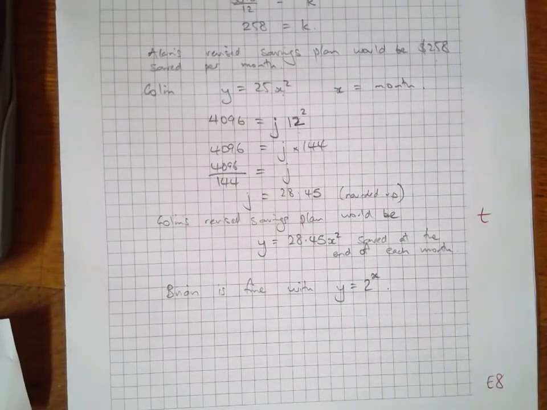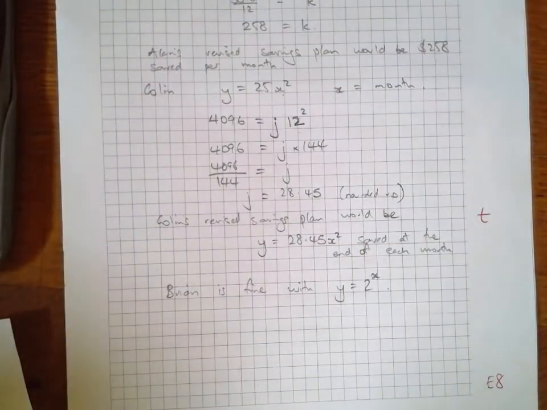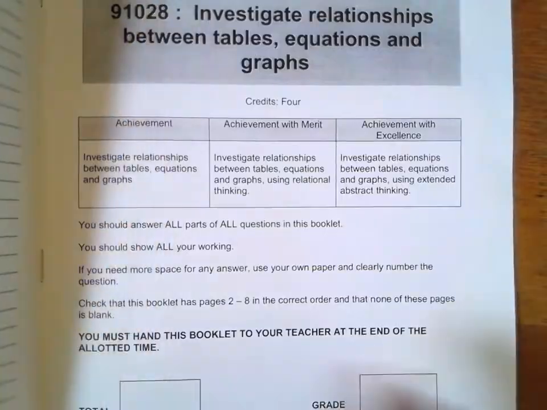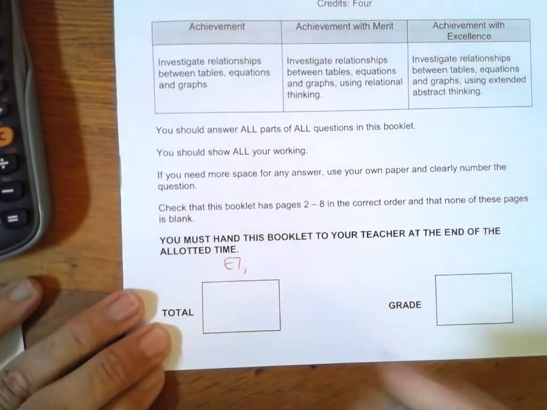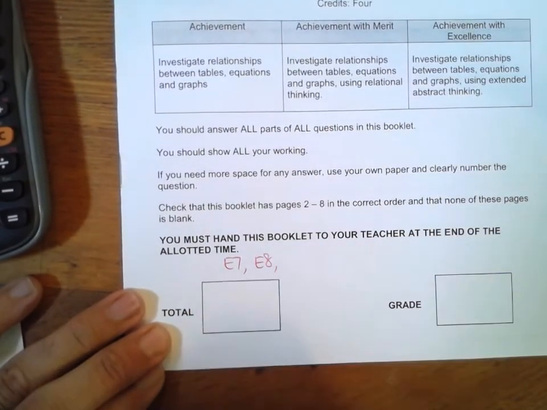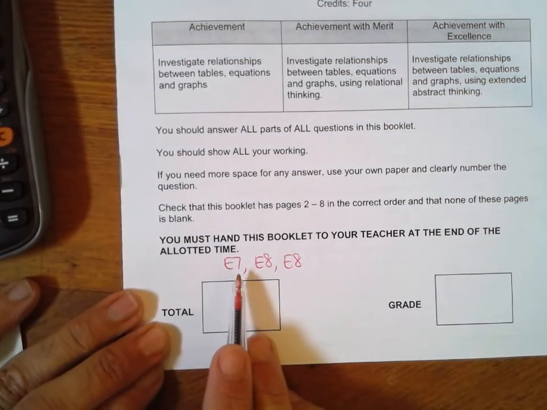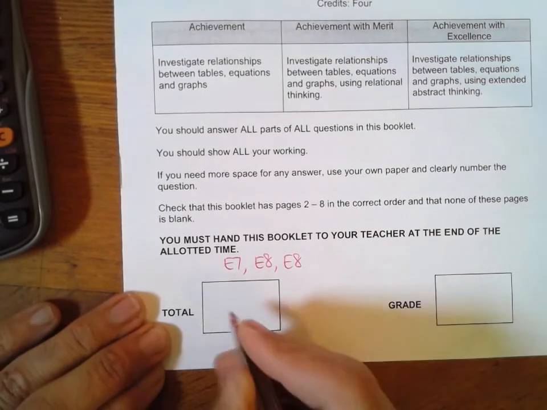And now we can have a look at how the entire paper would be marked, how those marks are pulled together. So for my paper, we've got an E7 in question 1, an E8 in question 2, and an E8 in question 3. Now we add these 3 numbers together, 7 and 8 and 8 gives me a total of 23.